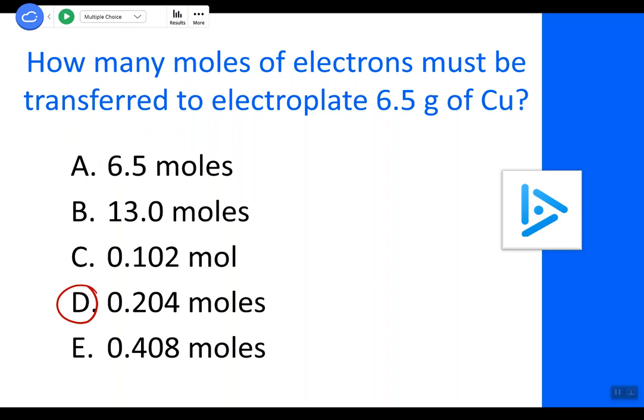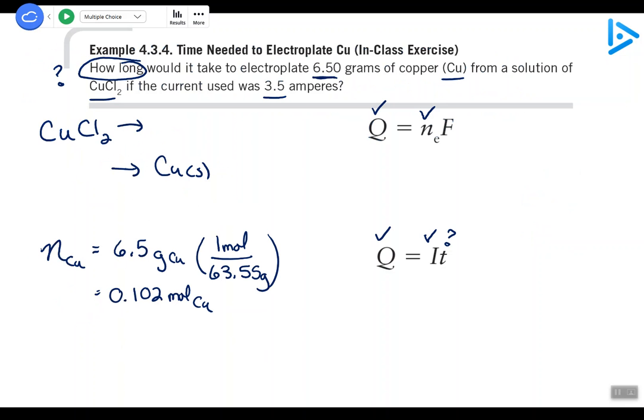We had a lot of votes for C, so let's see how this is connected. To figure out the number of moles of electrons, we need a balanced half equation, at least. We need to figure out what copper 2 chloride forms.